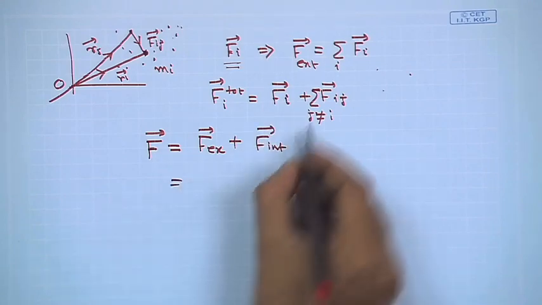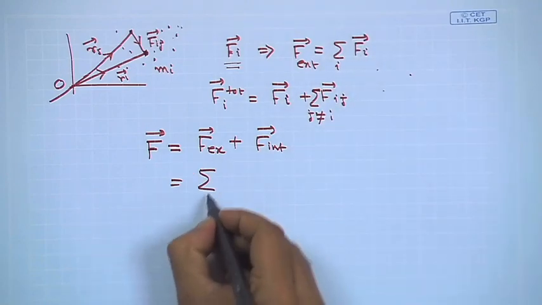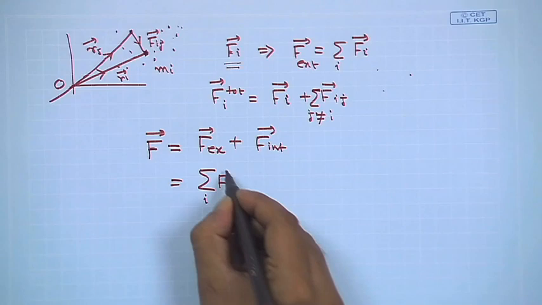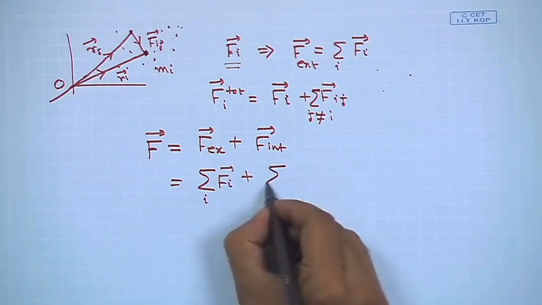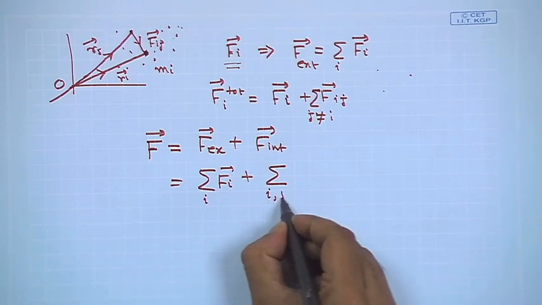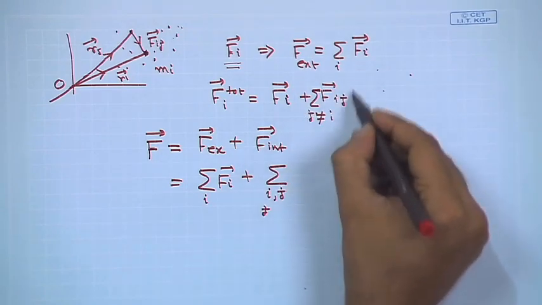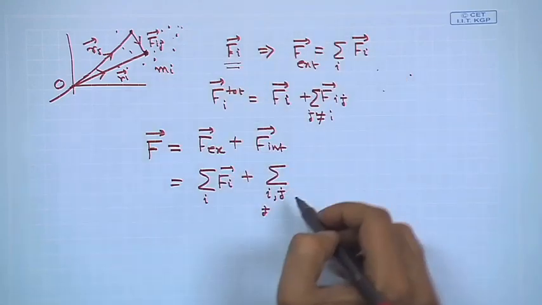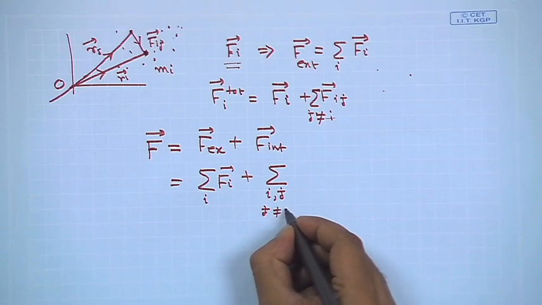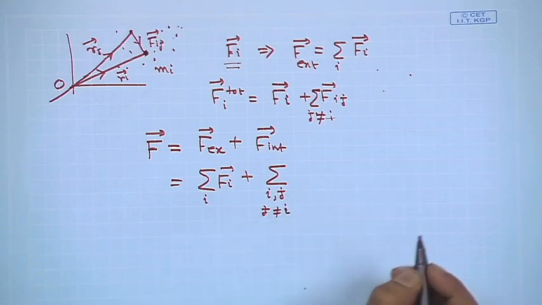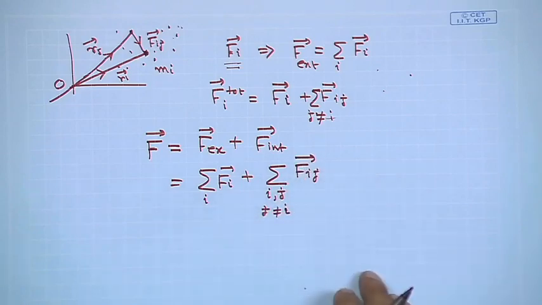Now, this F external, as we have seen, can be replaced by the sum over i of F_i, and the total internal force will be the sum over i, j. This is the force only on the ith particle. For all other particles, it has to be summed over i, with the condition that j is not equal to i, of F_ij.